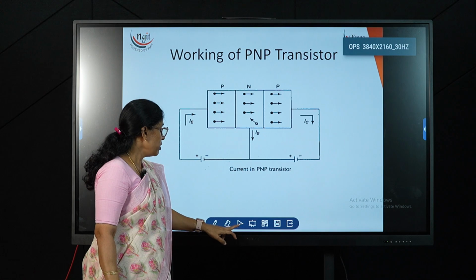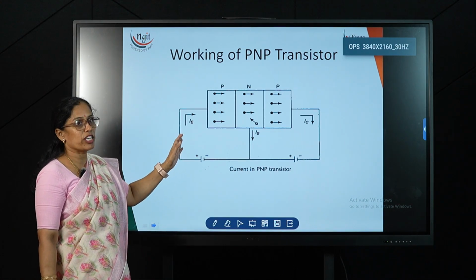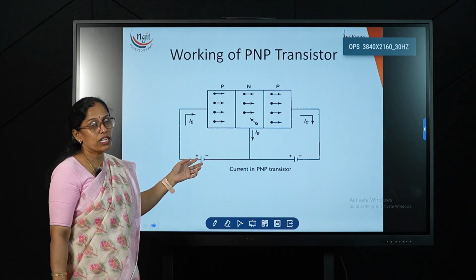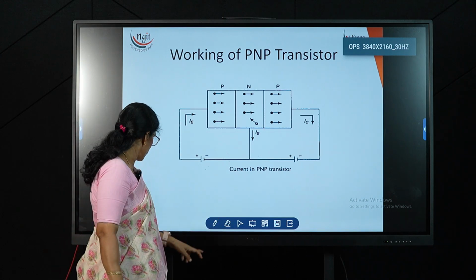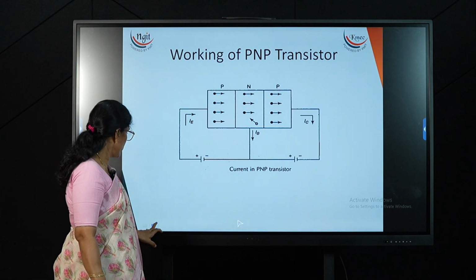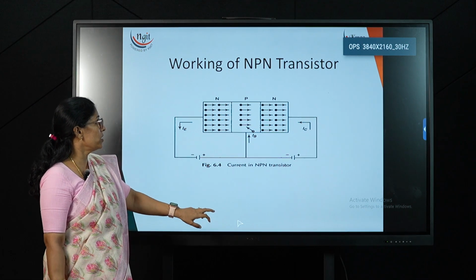Coming to the NPN transistor operation, here instead of analyzing the holes, we analyze with the electrons. This is the NPN transistor diagram.